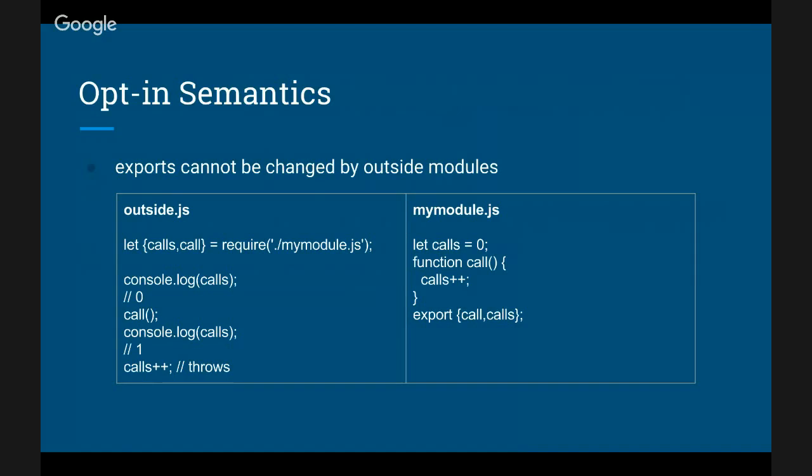Since export is an ES6 module, ES6 modules actually have rules about who's allowed to modify it. And if you try to monkey patch it, in this case, if we try to artificially increment the counter, it'll cause a throw. So that's what's meant by you can't monkey patch it and exports can't be changed by outside modules.